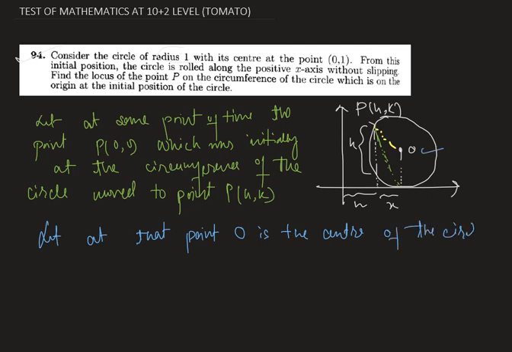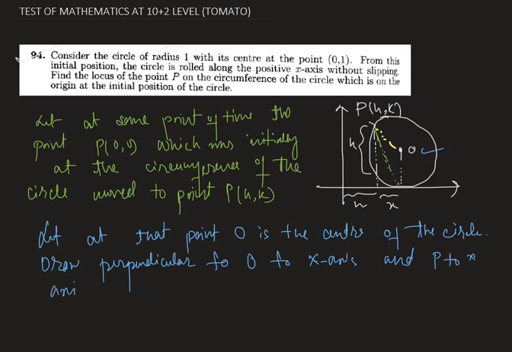Okay, now draw perpendiculars from O to the x-axis and from P to the x-axis, and let them meet at Q and R respectively. Okay, so this is the R point, this is the Q point.